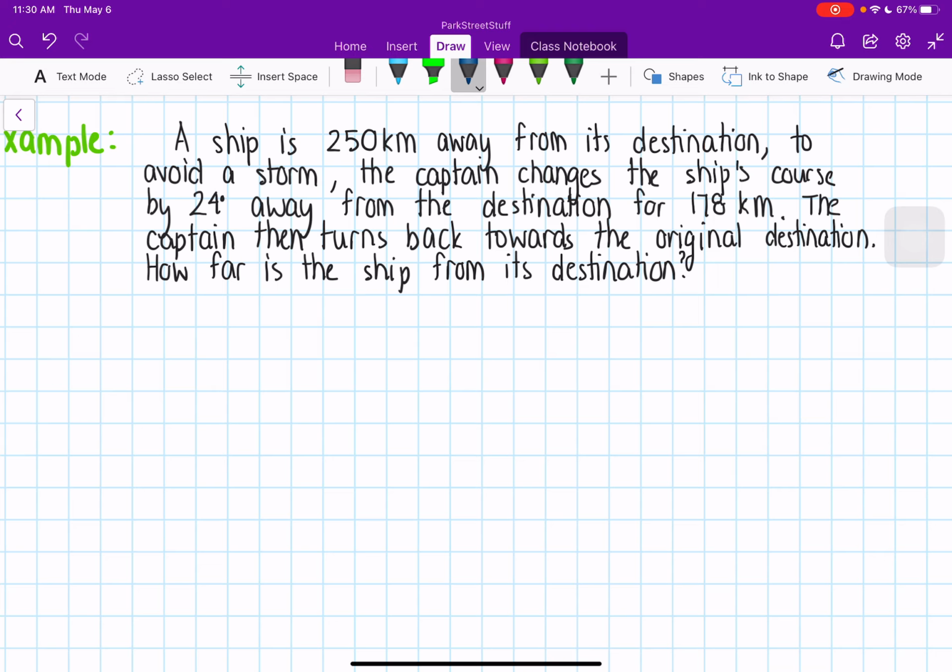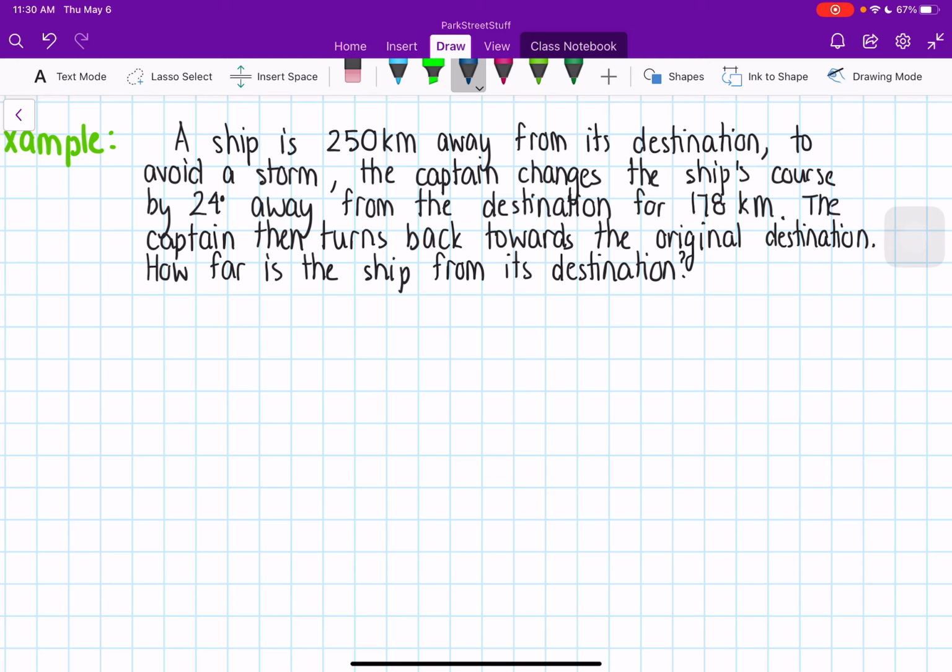Here's another word problem where you are going to need to have another diagram. So a ship is 250 kilometers away from its destination. To avoid a storm, the captain changes the ship's course by 24 degrees away from its destination for 178 kilometers. The captain will then turn back towards the original destination.